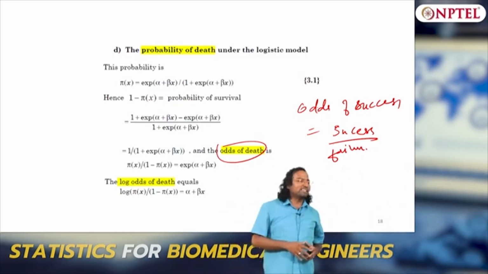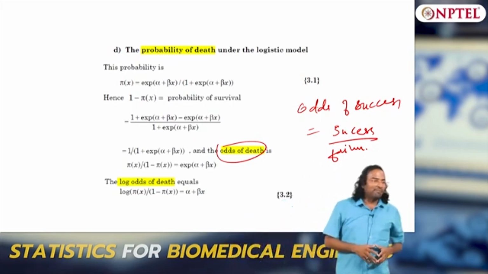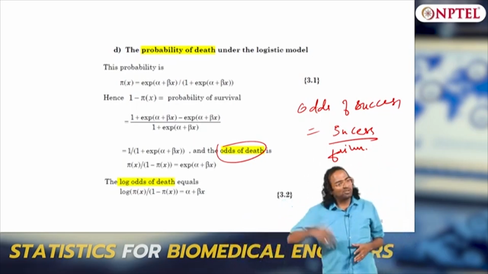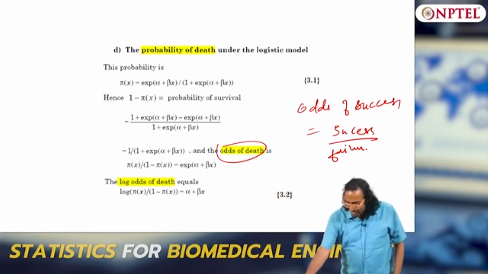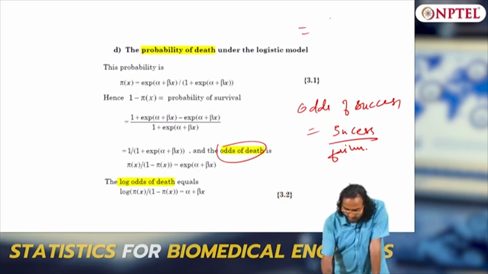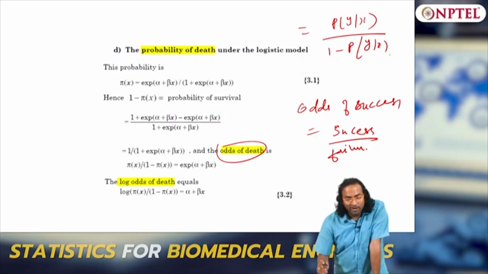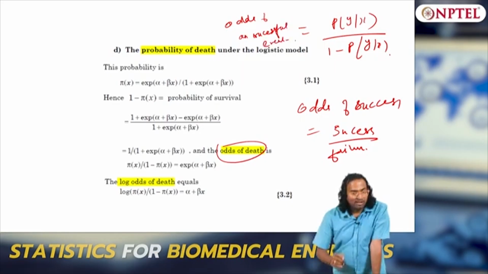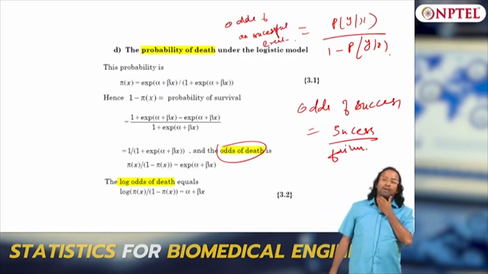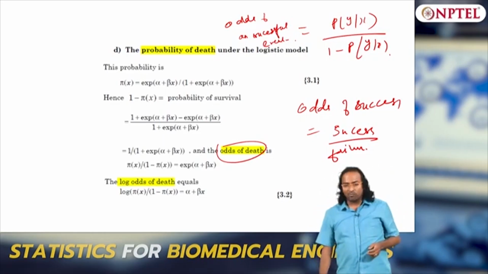In binary regression what do you want to call success? 1, and failure is 0. So if I take the probability of y given x divided by 1 minus the probability of y given x, this is my odds of success.